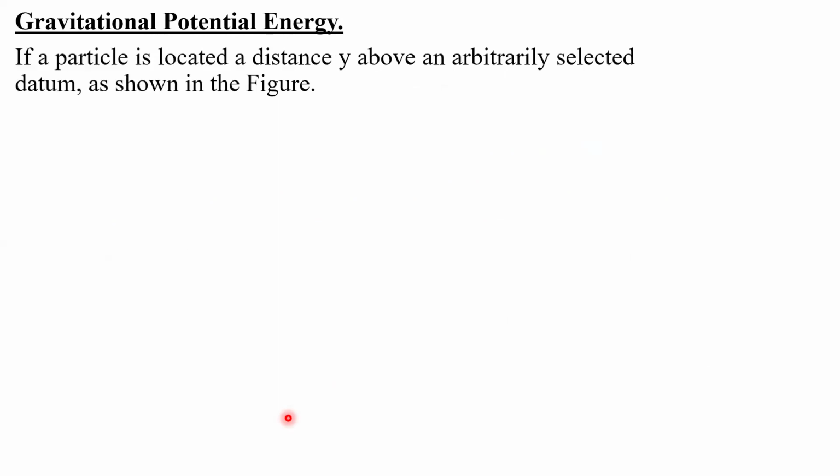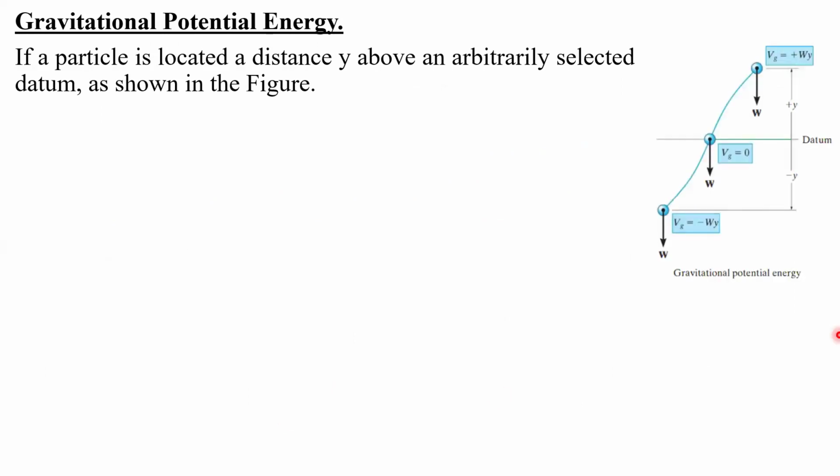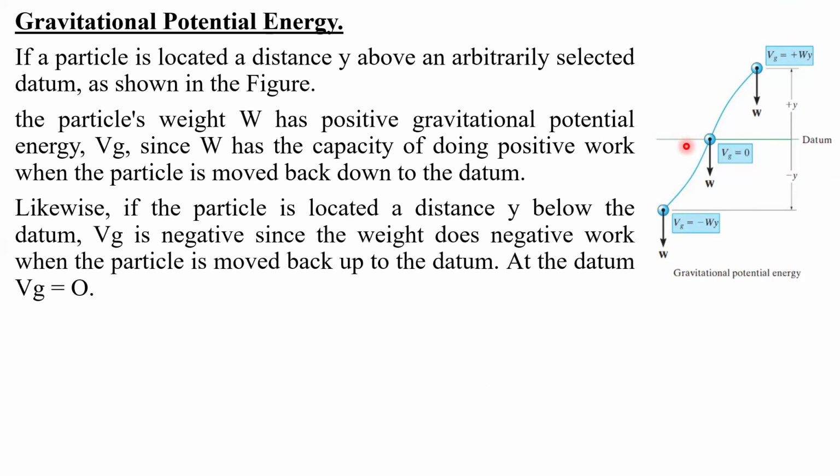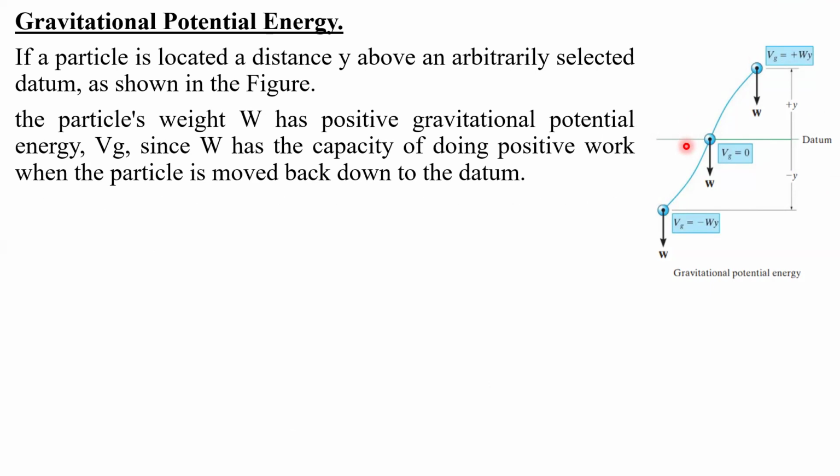Gravitational potential energy. If a particle is located a distance y above an arbitrarily selected datum as shown in the figure, the particle's weight, W, has positive potential energy, Vg, since W has the capacity of doing positive work when it's moved back to the position of datum down here.